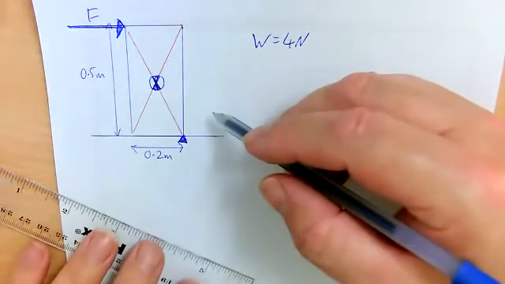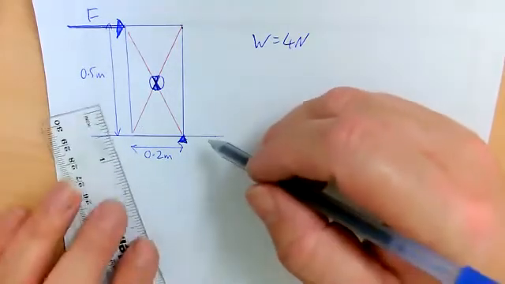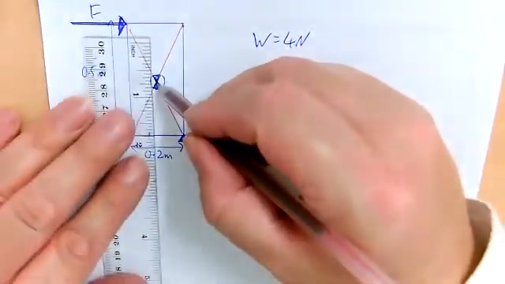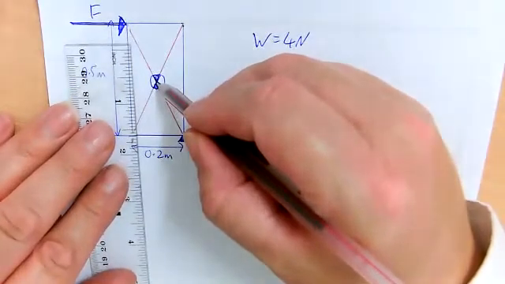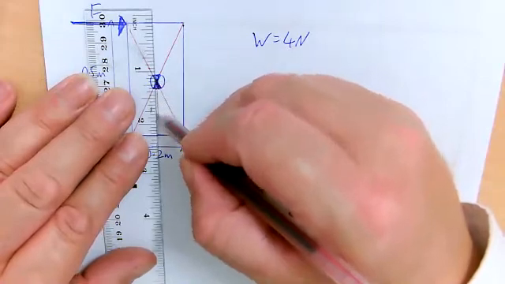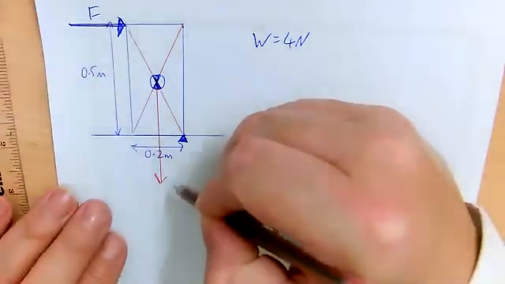Well, if this is a uniform block of wood, we could work out, first of all, the moment caused by its weight. All its weight acts about the center of mass, or center of gravity. So the weight of the object is given by that arrow.